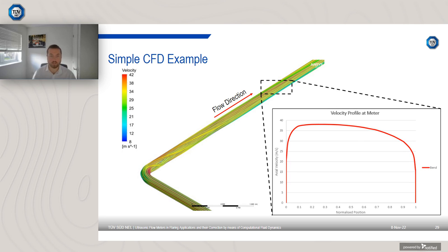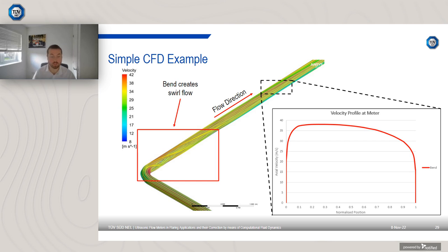When we look at the case with the bend, we can see that the velocity profile is actually skewed to the left-hand side. On the left-hand side of the pipe, we are seeing that the velocity is much higher than on the right-hand side. It's just purely because of the bend. The bend is creating swirl flow, which is disturbing the flow as it moves through the flow meter.